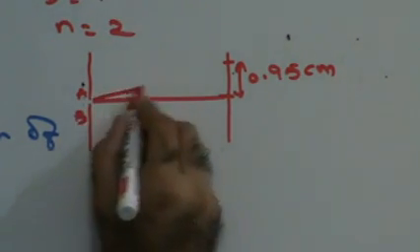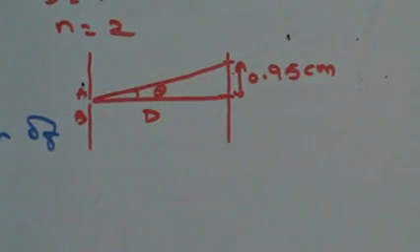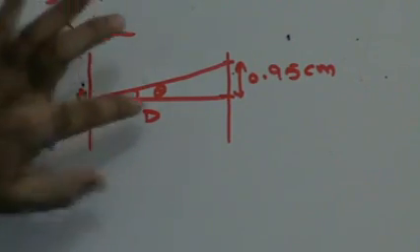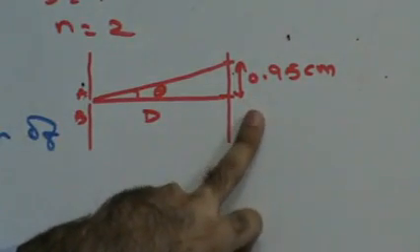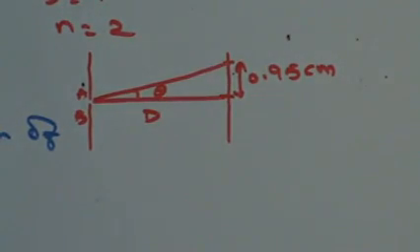If second minima is obtained at that distance, first let's find out the angular diffraction. From this diagram, you have light passing through a slit and the second minima is obtained at 0.95 centimeters from the central bright band. So let's first get the angular diffraction.